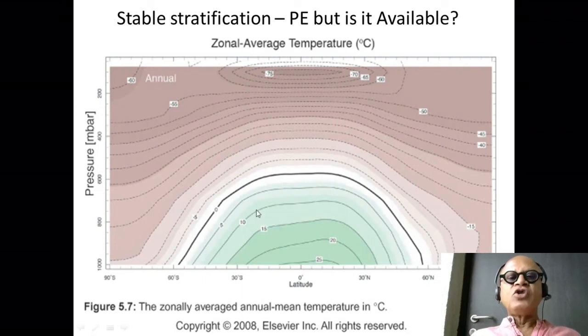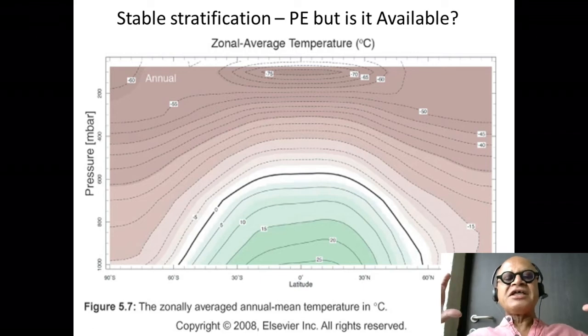So if you look at such a stable stratification, there is potential energy, but is it available? Right? That's the key question. We have looked at this profile several times, and we have said cold heavy air is at the surface, and there is warm light air above, and yet it's not just mixing up.